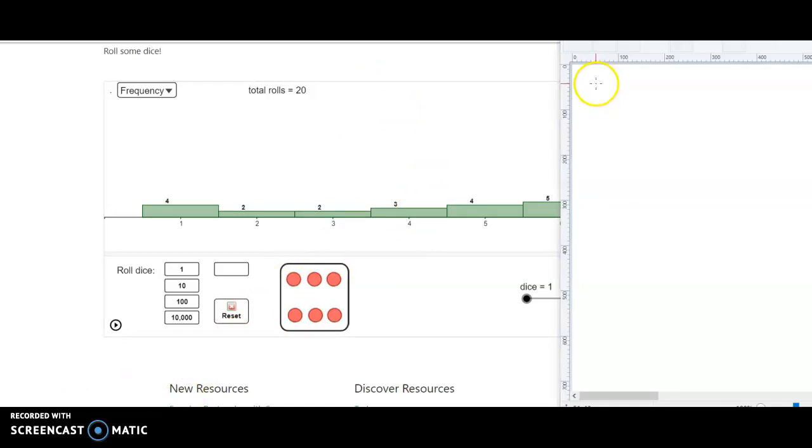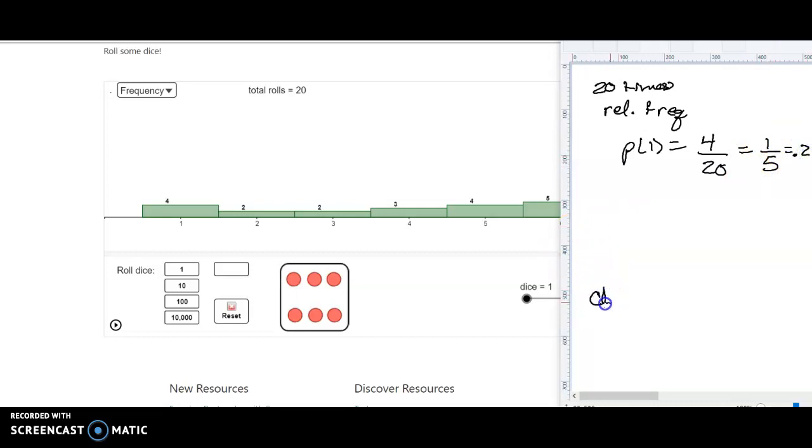So we went 20 times. Our relative frequency approach, this would be our experiment, we have 4 out of the 20. So that reduces to 1 over 5, which is 0.2.